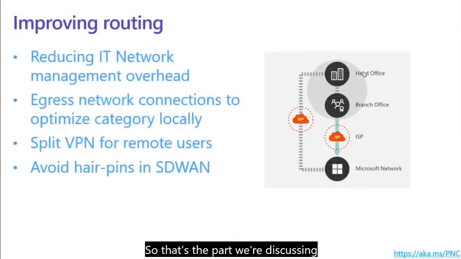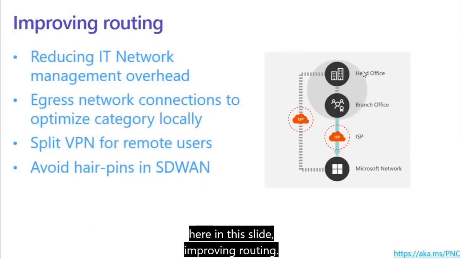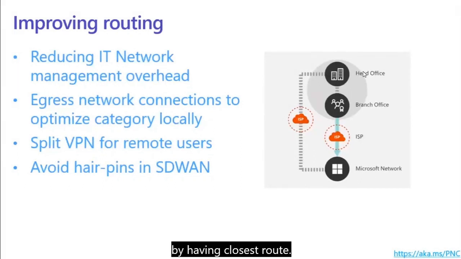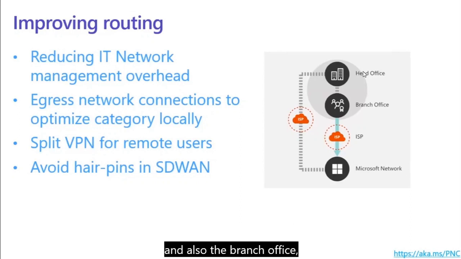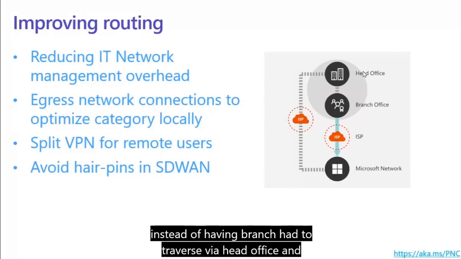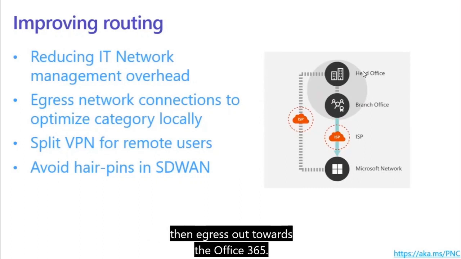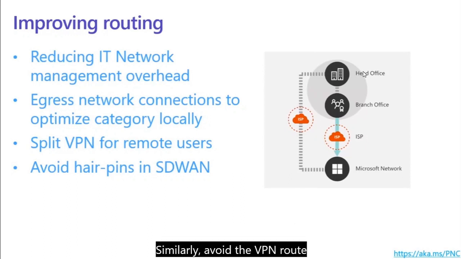So that's the part we are discussing here in this slide, improving routing, reducing the IT network management overhead by having the closest route. You can see here, the head office in this diagram connecting via ISP to the Microsoft network directly, and also the branch office, instead of the branch having to traverse via the head office and then egress out towards O365.